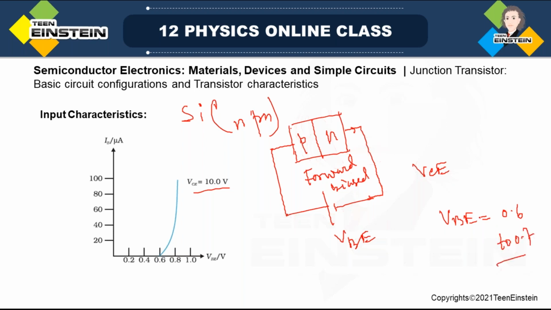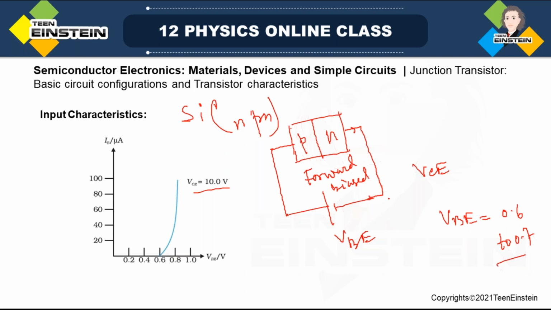That means any biasing voltage below 0.6 or 0.7 would not be able to make this PN junction flow any charge, so there will be no current.